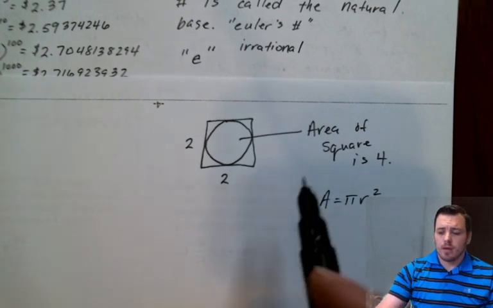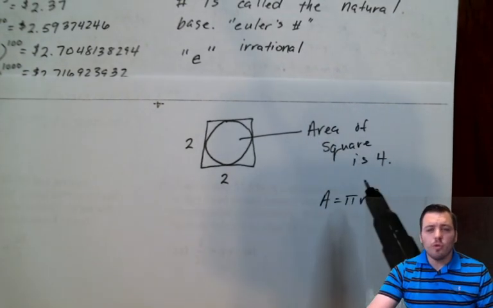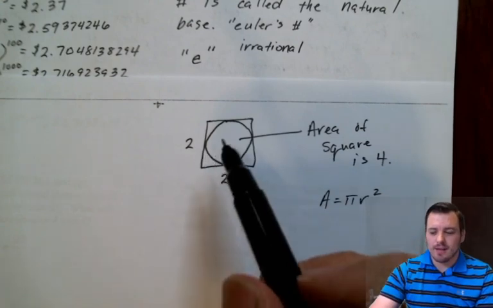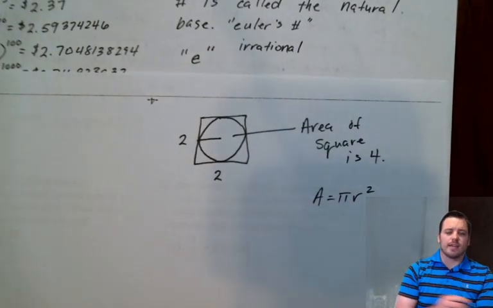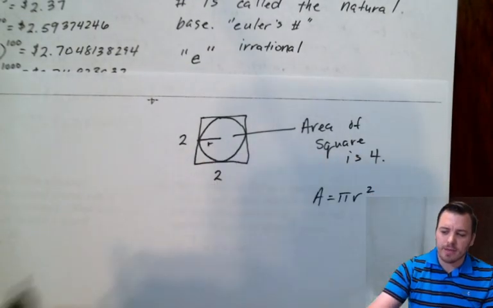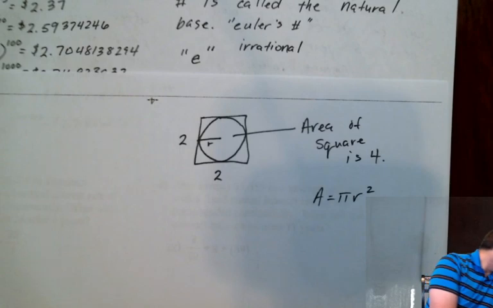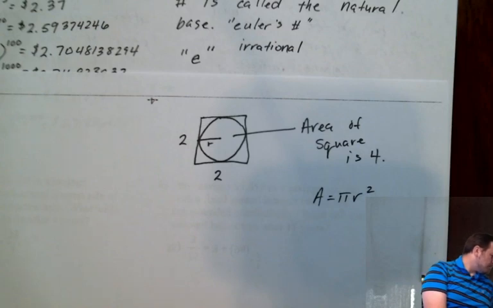Now, you would know here, right? What's the radius of this circle? Can somebody tell me? What's the radius of the circle? 1.